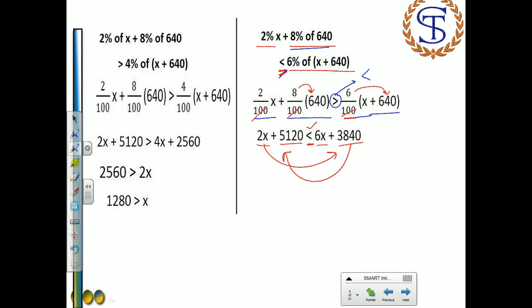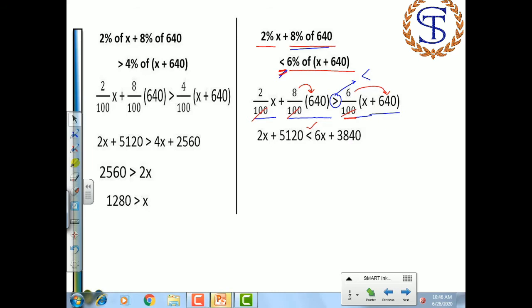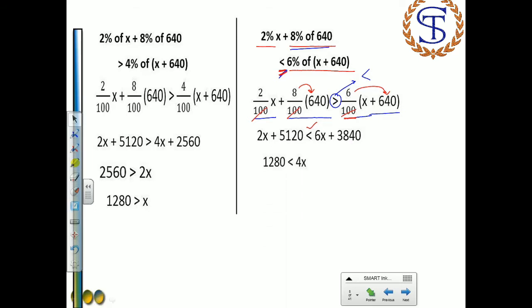When we make these transformations, then we will get the expression like this one: 5120 minus 3840, it is 1280. The sign of less than is here, and 6x minus 2x is 4x.